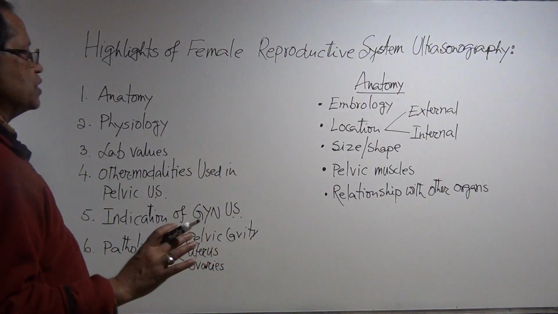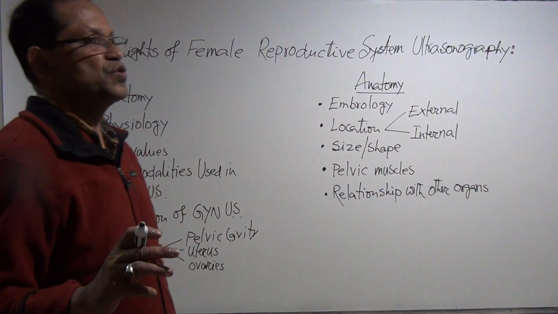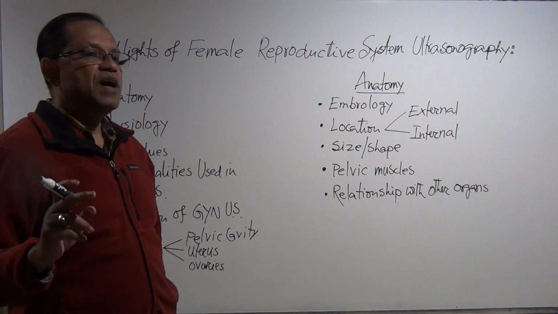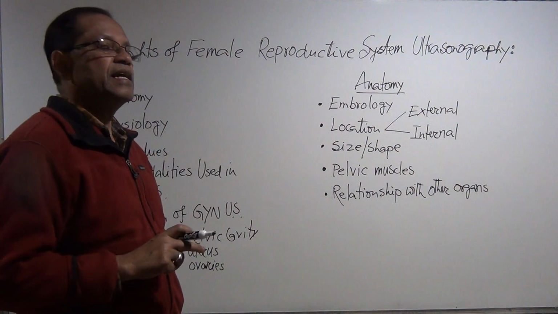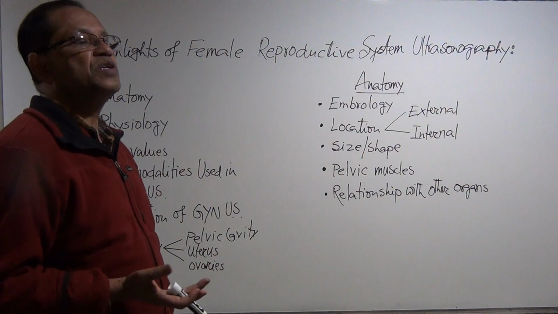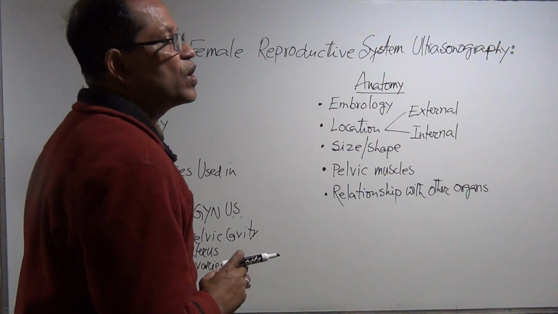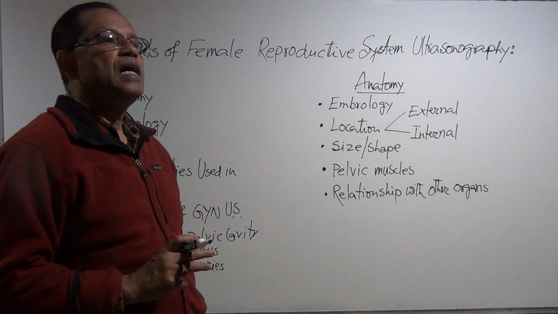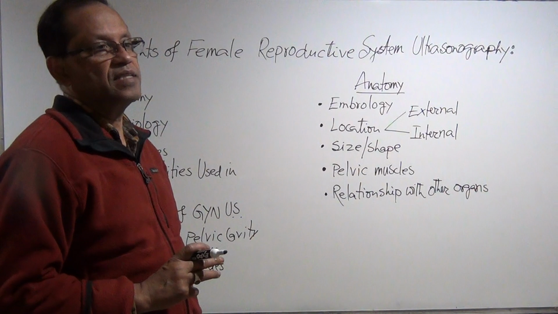Then we'll talk about the physiology. In physiology, mainly we will describe the functions of the uterus, ovary, cervix, vaginal canal, and the oviduct, that is the fallopian tube. Two things we need to focus on are the menstrual cycle and the ovulation cycle, or ovarian cycle.